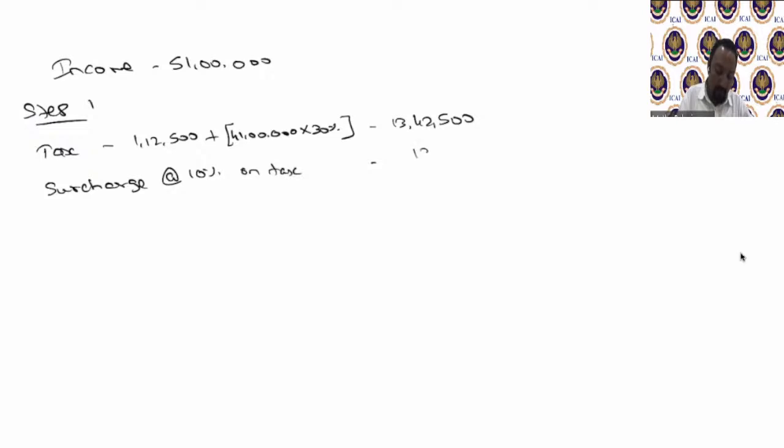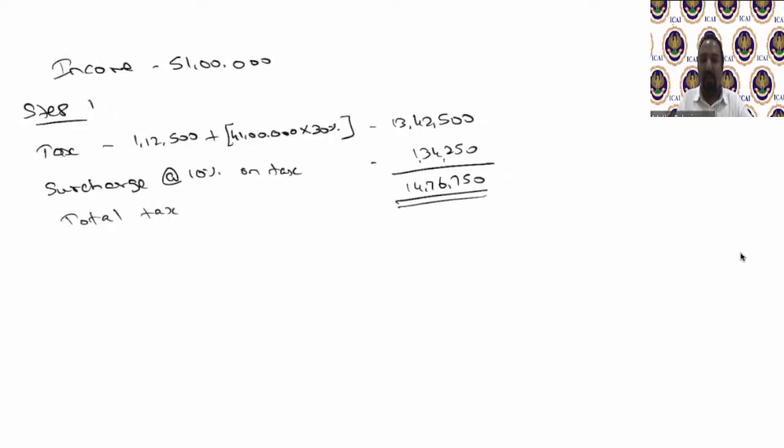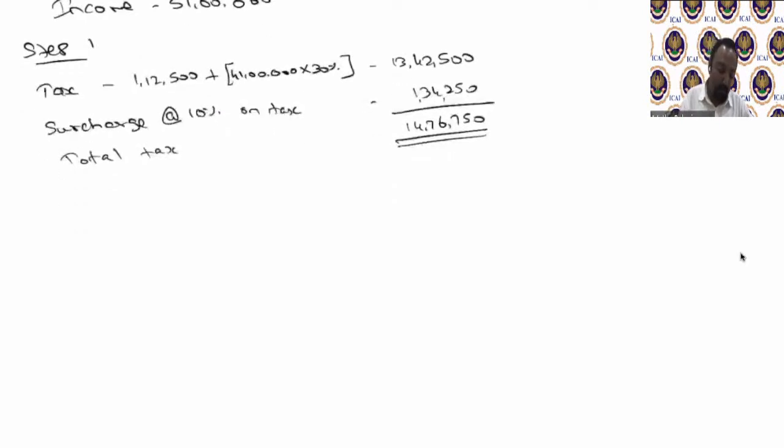So it will be 1,34,250, correct? So your total tax will be 14,76,750. You can stop here. You need not calculate education cess, because it is the same in both cases, only 4%.